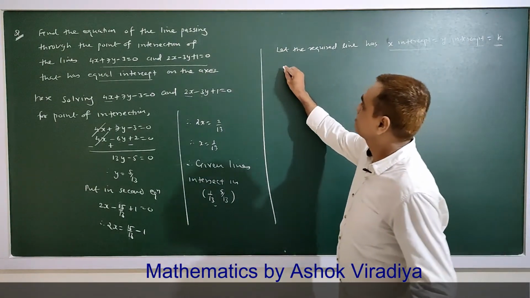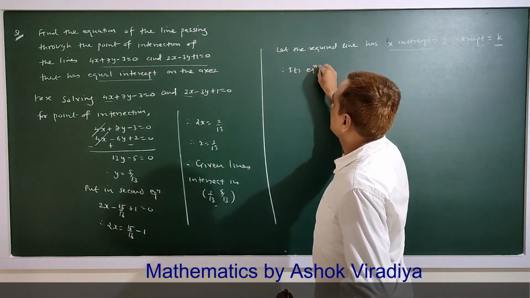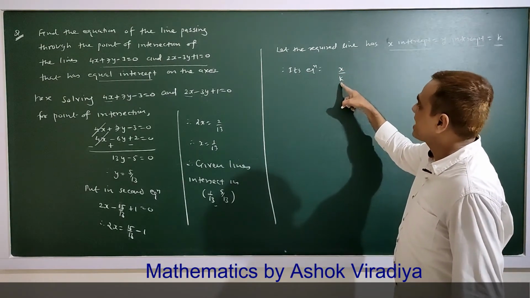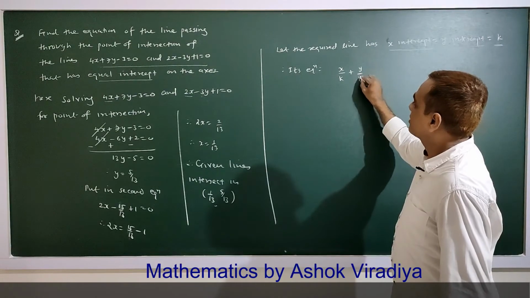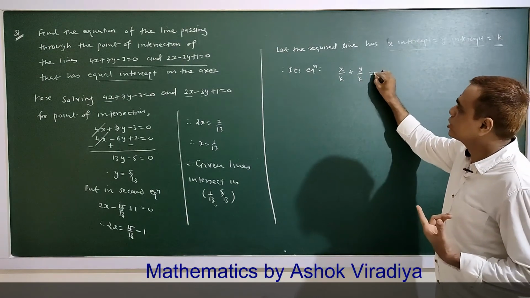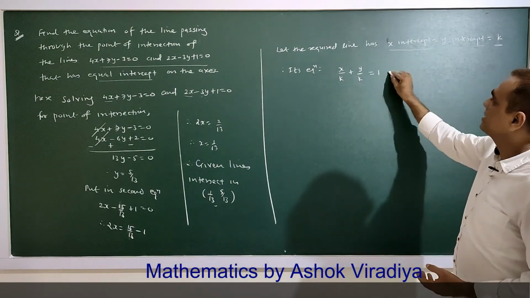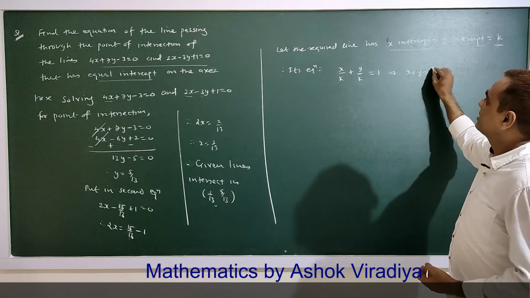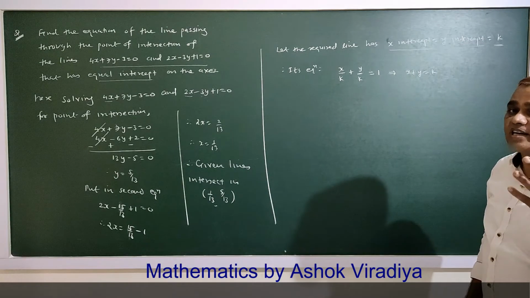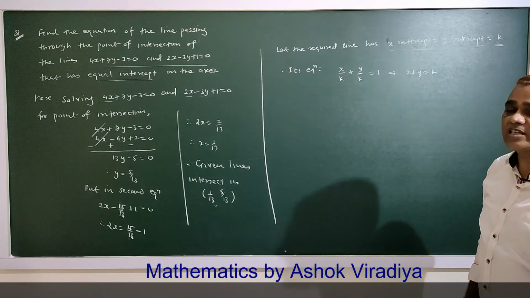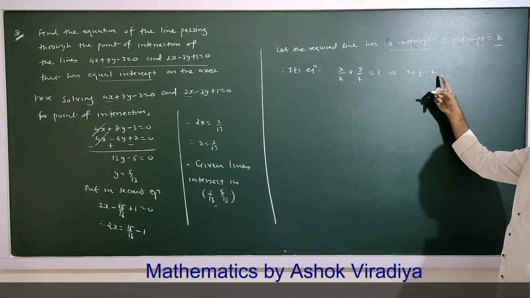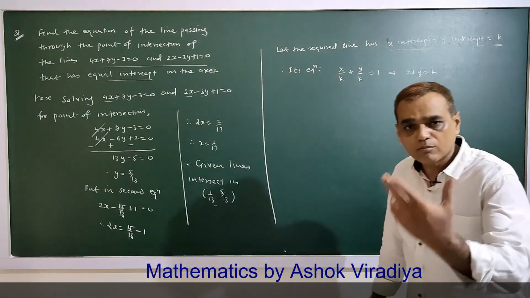So its equation can be expressed as x upon k, this is x intercept, plus y upon k, this is y intercept, x upon a plus y upon b equal to 1. So this is x plus y equal to k. If both intercepts are equal, then its form is always x plus y equal to k, where k is value of both intercepts.